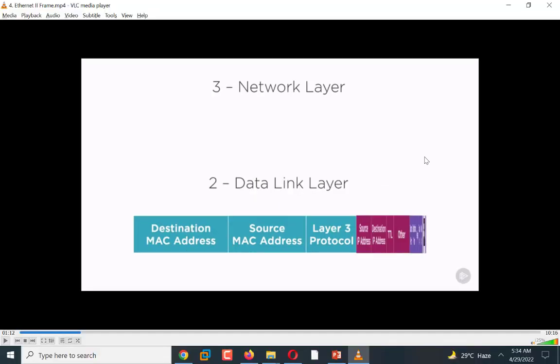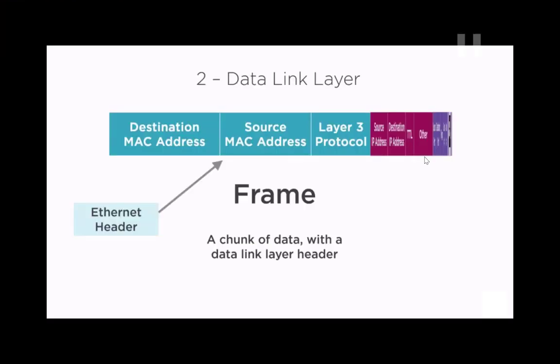Now on the data link layer we also add some header information. This header is called the Ethernet header, because it is working on layer 2, and in layer 2 we call it Ethernet. And the combined data is called a frame. So a chunk of data with a data link header is called a frame. As I told you, a frame is data on layer 2. Data with an Ethernet header is called a frame.